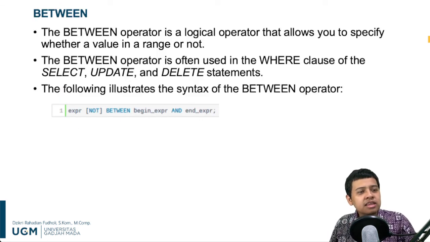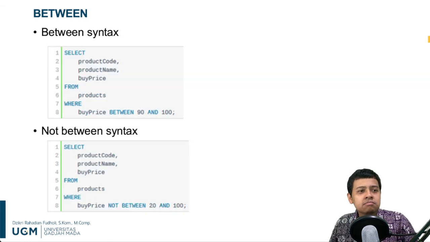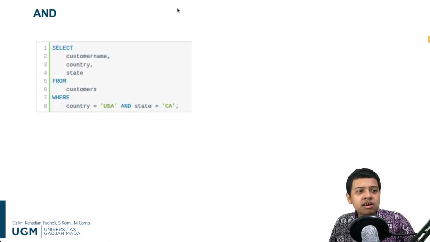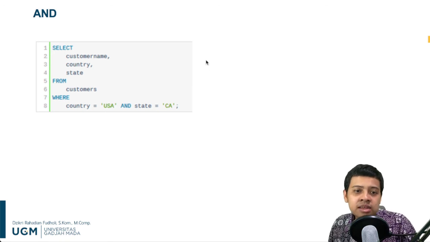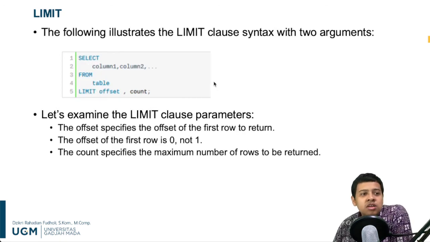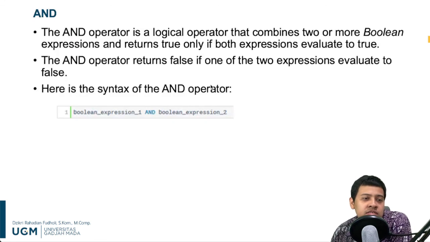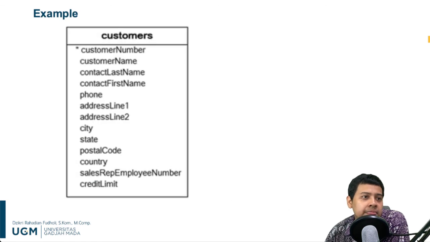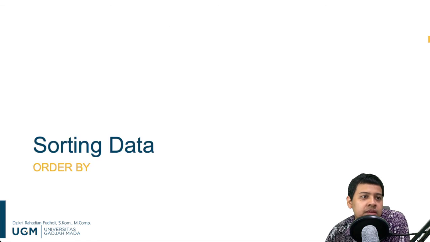BETWEEN and IN and OR are similar, and all of these data manipulation operators are mainly used in the WHERE clause, so that we can select data from the database using the WHERE clause.